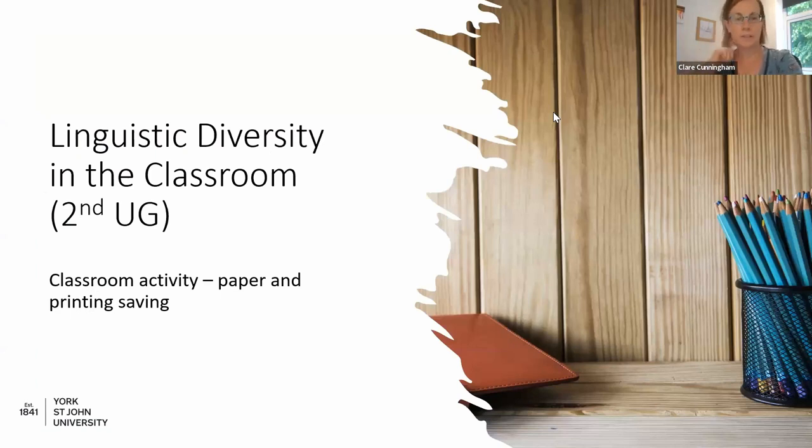And so that takes me on to my next way that I have used this resource. And that's on a second-year undergraduate programme in a module called Linguistic Diversity in the Classroom. And I've actually used it for one classroom activity. This is actually a big lecture activity. It's not a seminar-based thing, but I've got 70-odd students in the classroom, I think. And my thinking was around saving paper.